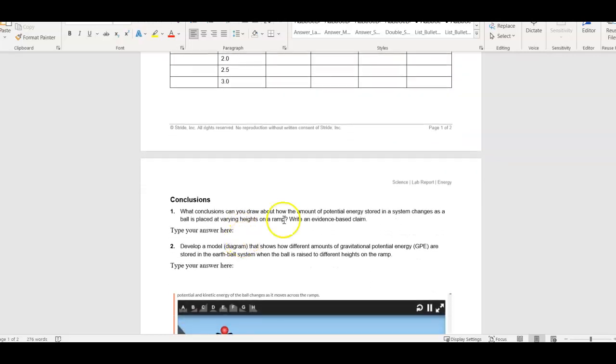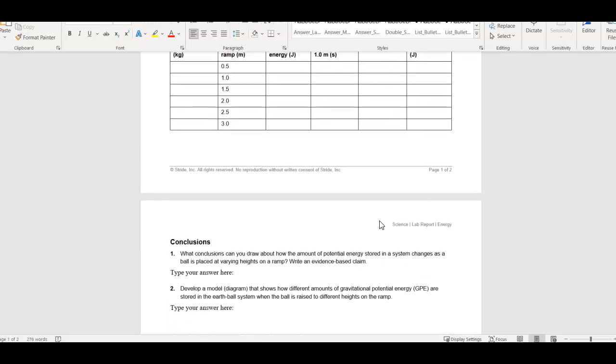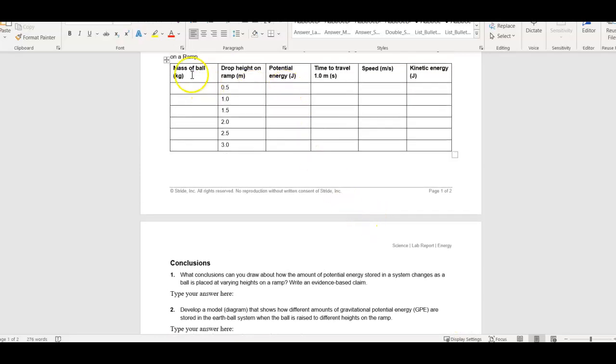So you would write that in your conclusion. Based on the evidence I observed, or based on the data I collected, I saw that the mass of all three of the balls didn't matter, but the height of the ball did matter.